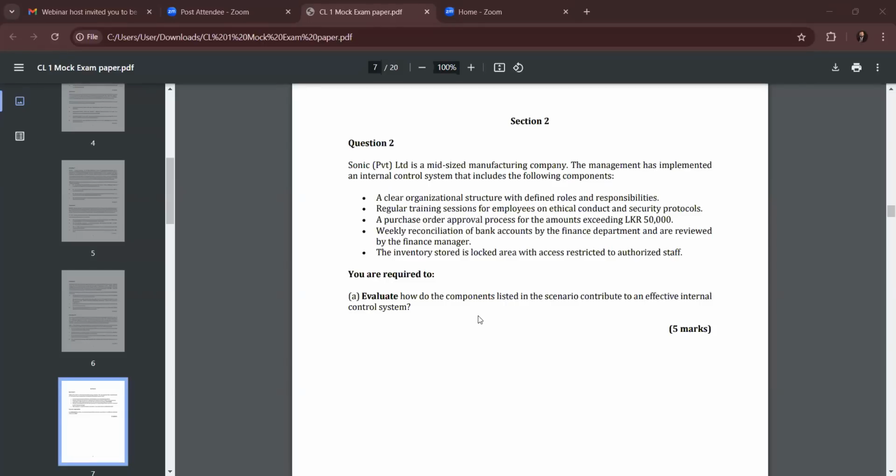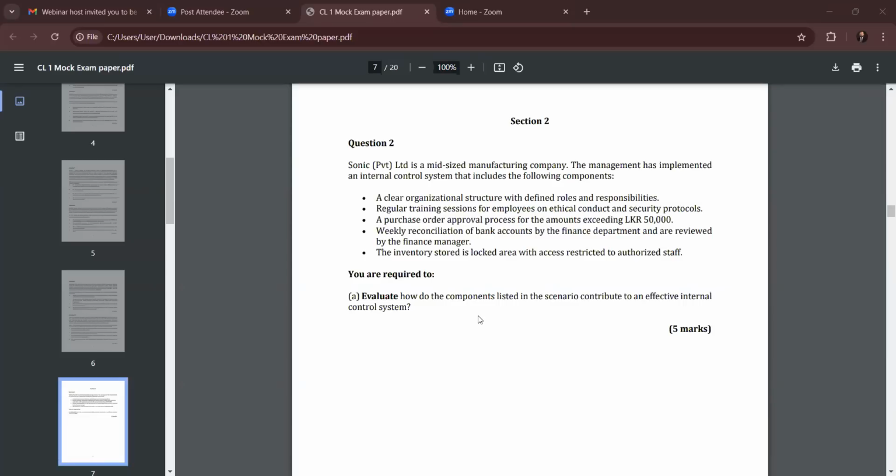You can segregate their duties, right? So people know what they are doing, they can be effectively overseen, controlled and supervised. You can have reporting lines from one to another. When you have a structure, you can have delegated authorities. Everything can be done.